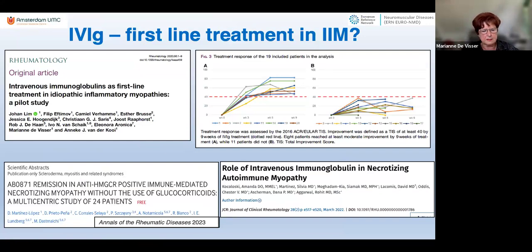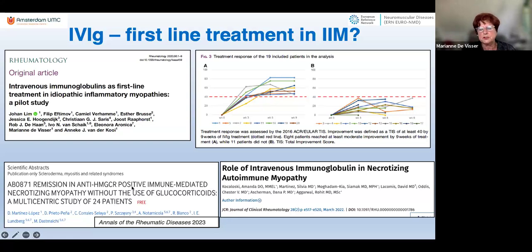As you can see here, 20 patients were treated. Half of the patients, only 10 patients, ended above the treatment improvement score of 40, which was moderate improvement. Unfortunately, the other half did not achieve that result.